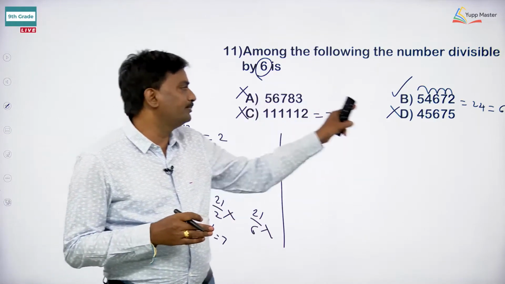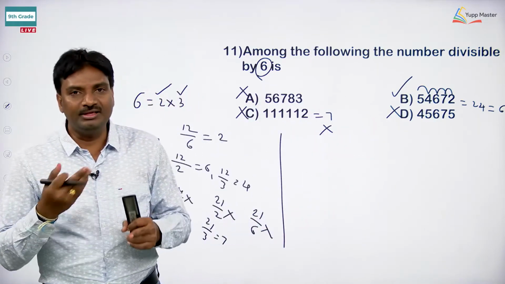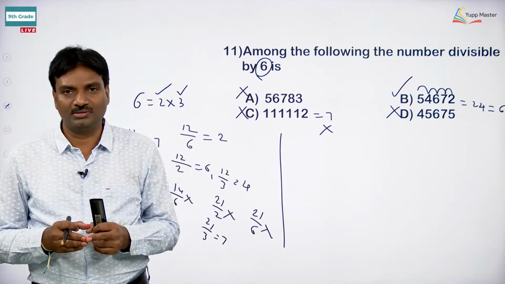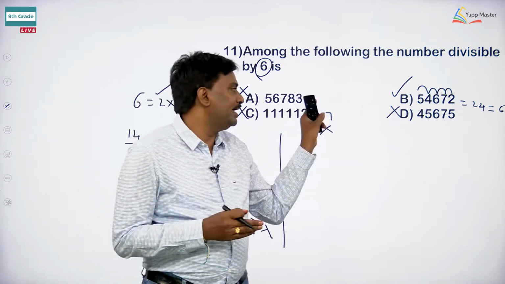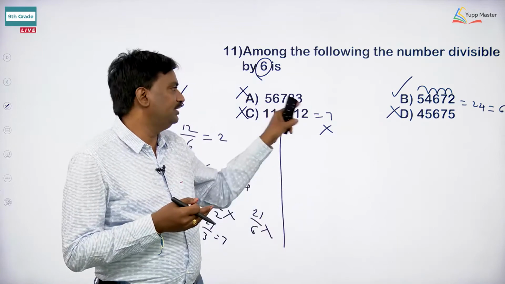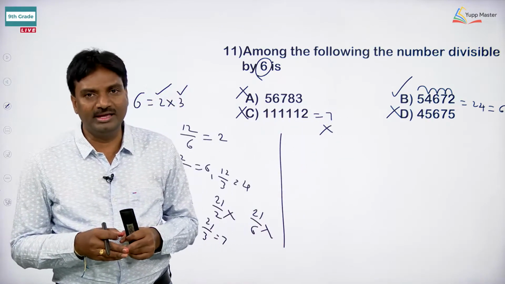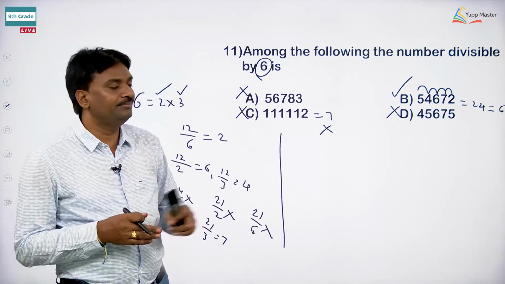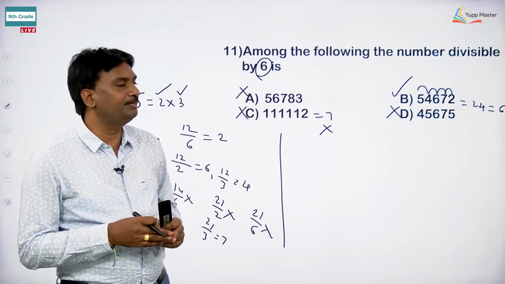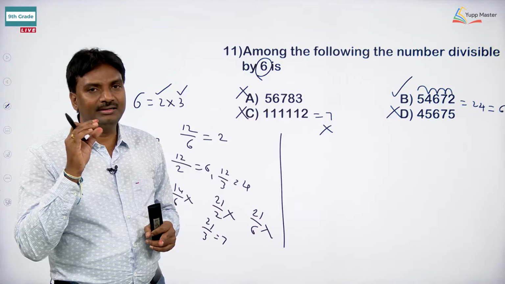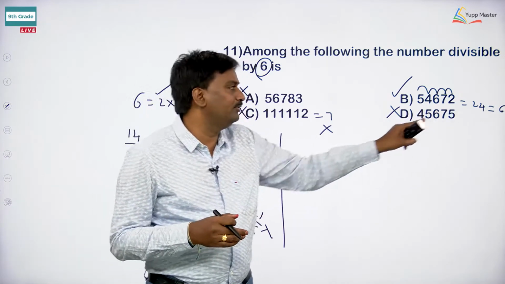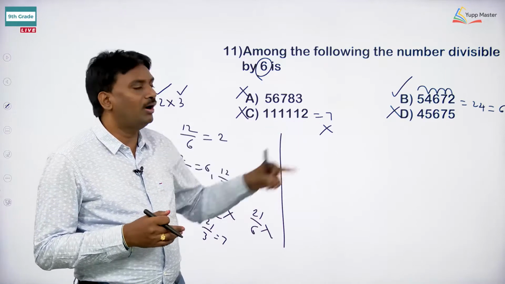By observing options A and D, we can say they are not divisible by 2, because in both A and D the last digits, 3 and 5, are not even numbers. So we can eliminate options A and D. By observing the remaining options B and C, by adding all the digits of the given number, here we got 24, that is 6, and here we got 7.